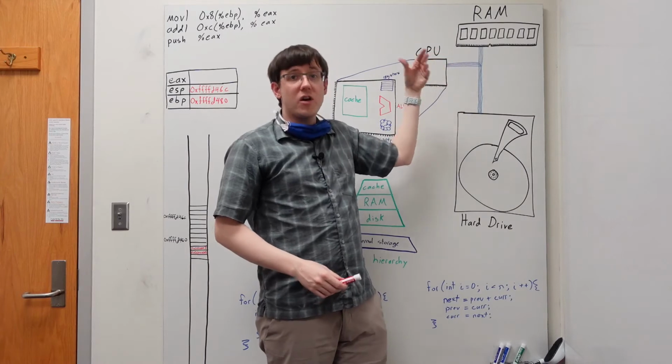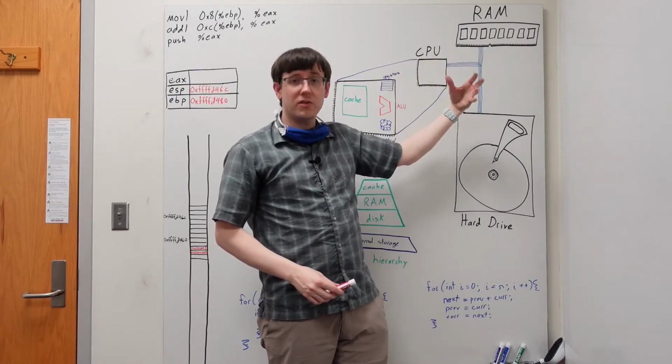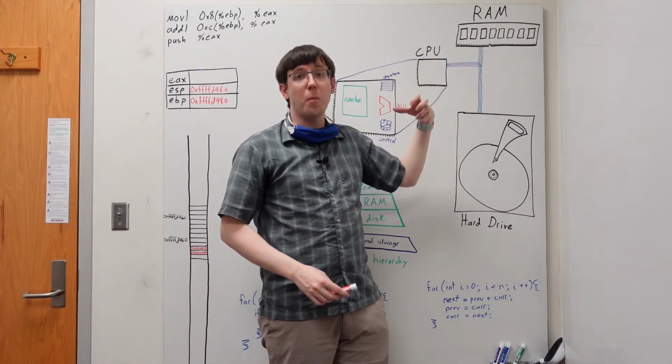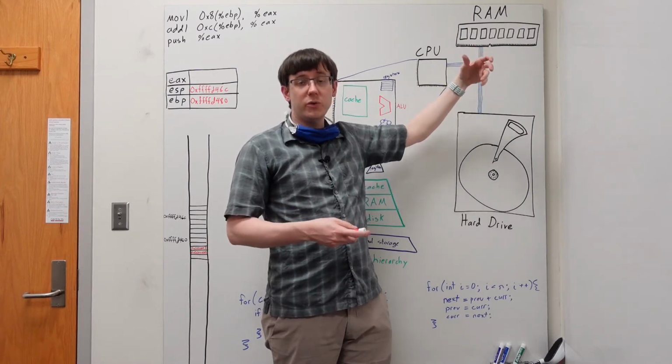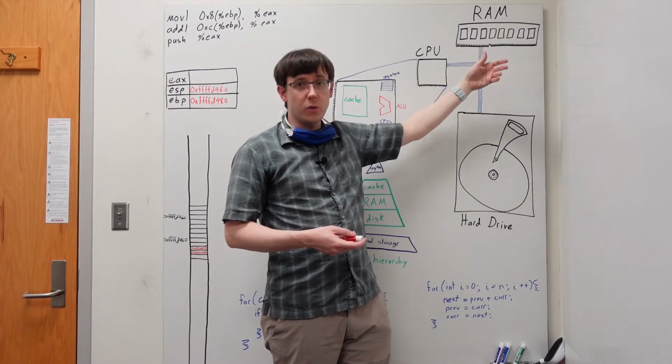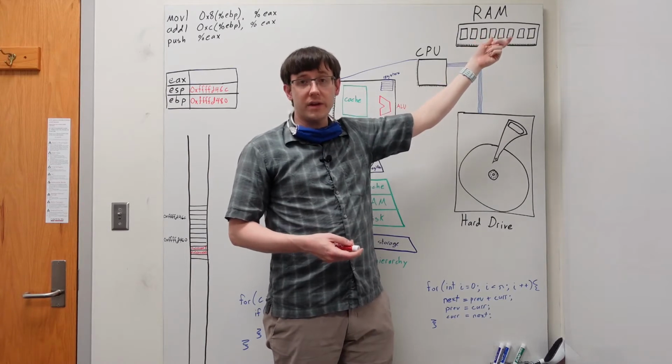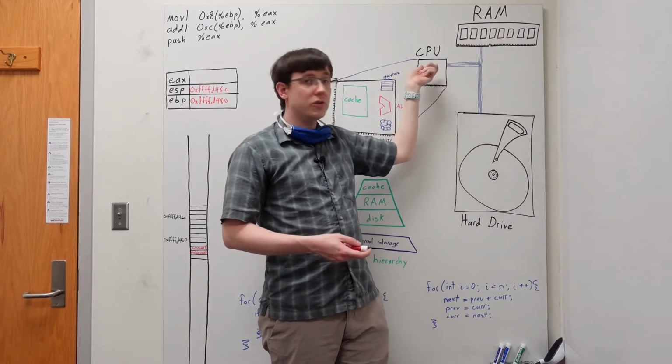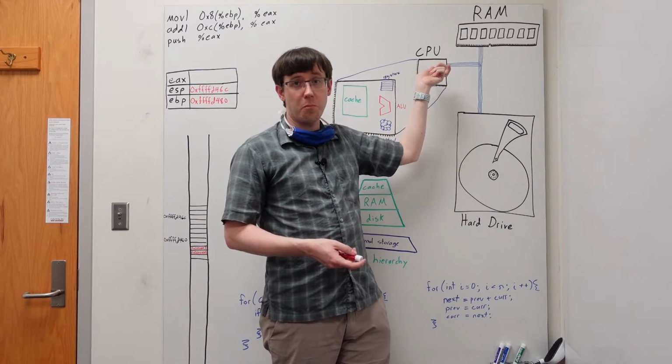The wires that go between different components in the system are typically referred to as a bus. In response to the read request from the CPU, the RAM will locate the data and send it back to the CPU over that same bus.